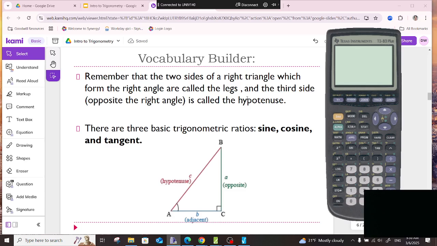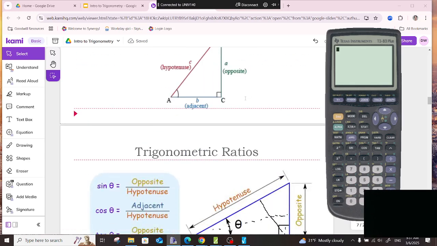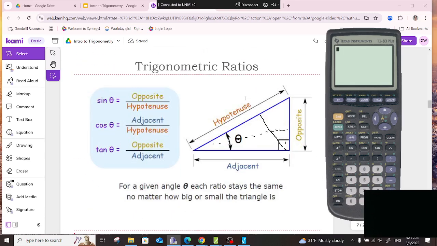They're called sine, because we don't sin in math class, cosine, and tangent. Now, there is a mnemonic aid that people use to remember this. This is the ratio. You have to write the ratios below.